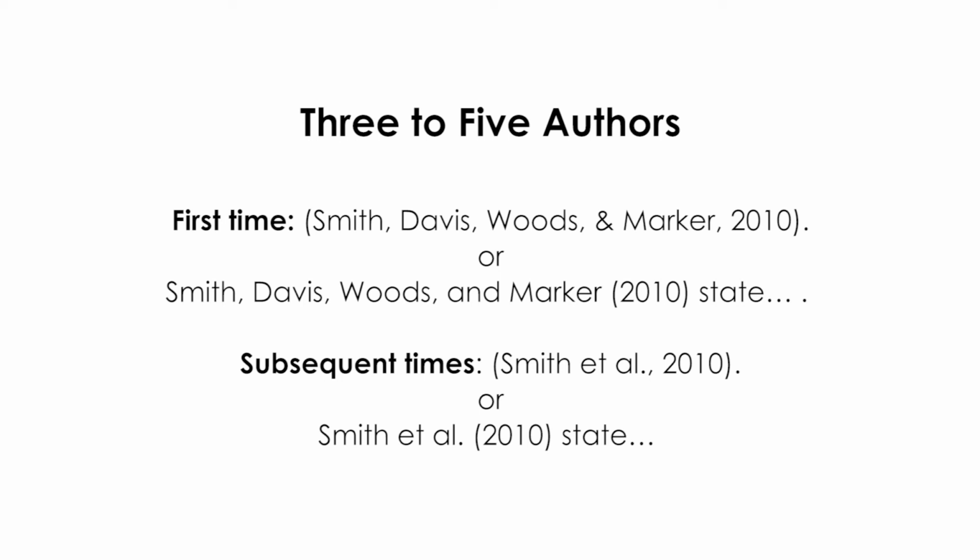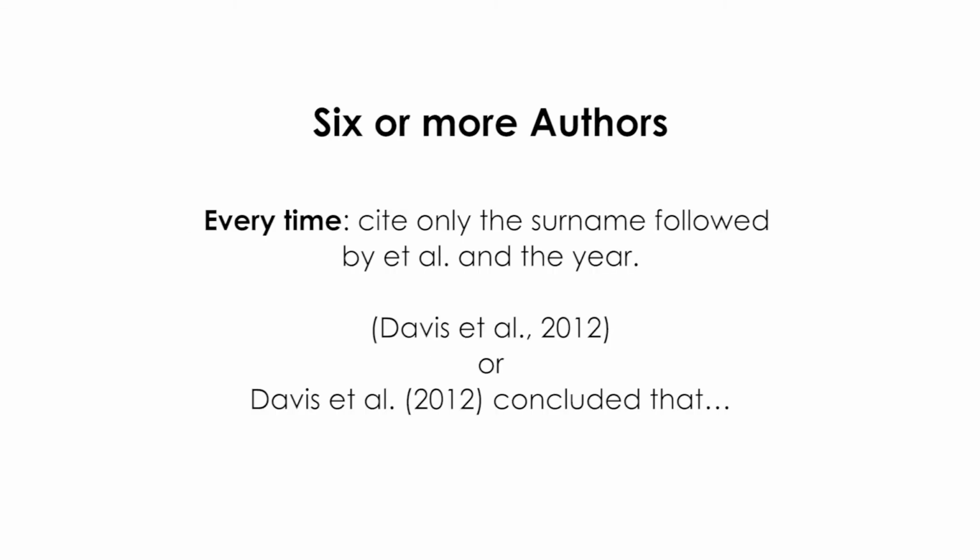In all subsequent citations, list the first, followed by the words et al., meaning and others in Latin. For 6 or more authors, cite only the first surname, followed by et al., and the year of publication. There is no need to include the other authors.